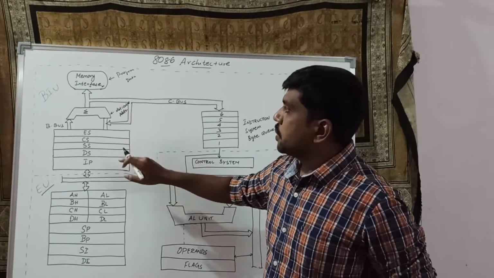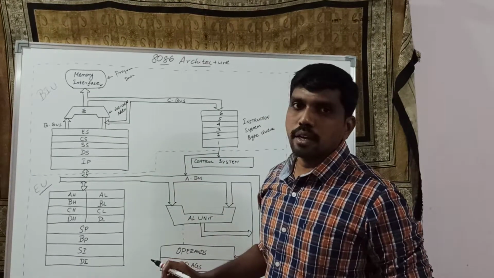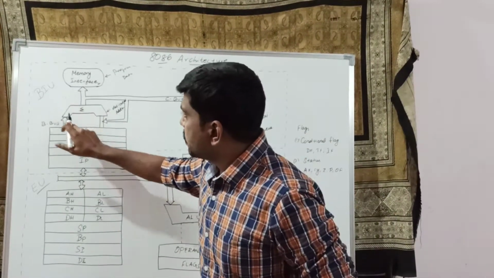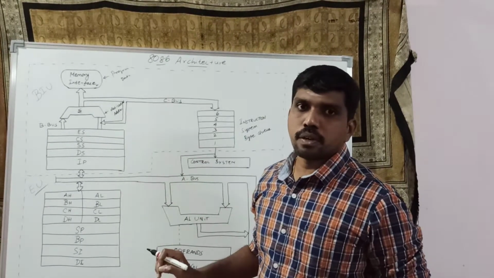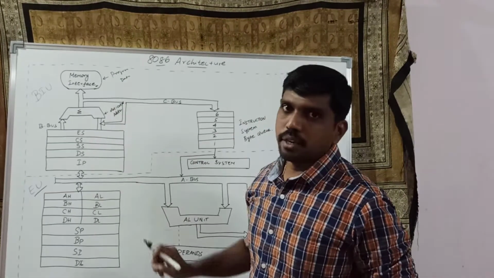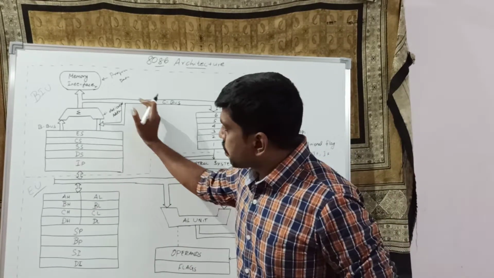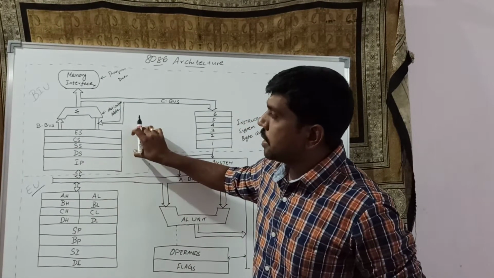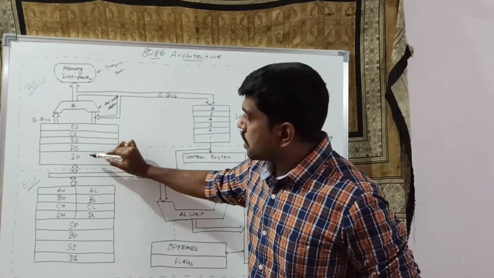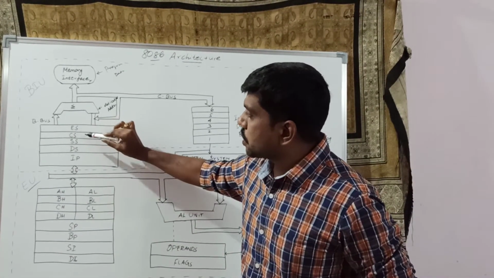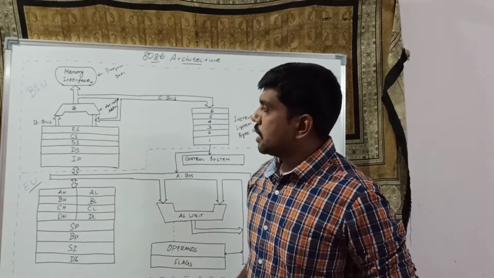So in this BIU you can use the dedicated adder. What is the purpose of this adder? In this microprocessor we need a 20 bit address location to access the memory unit. Okay. But the processor's internal block only generates a 16 bit address location. For example, here we are using the 4 segments: extra segment, code segment, stack segment and data segment.